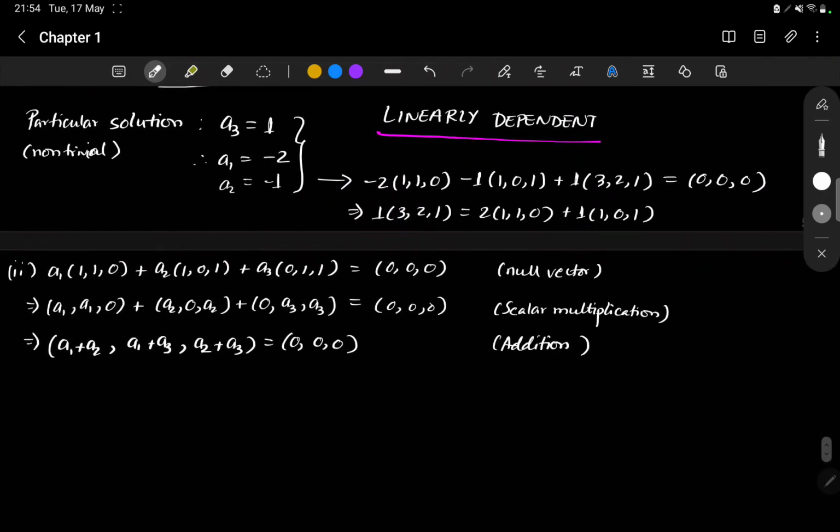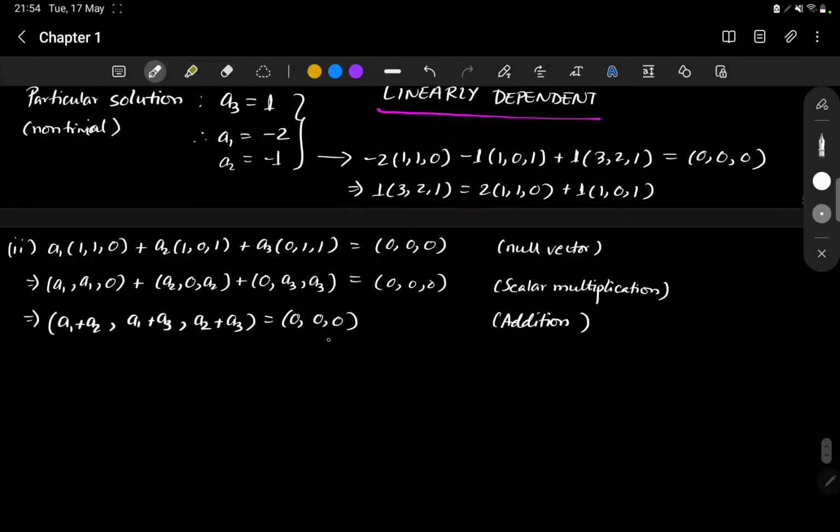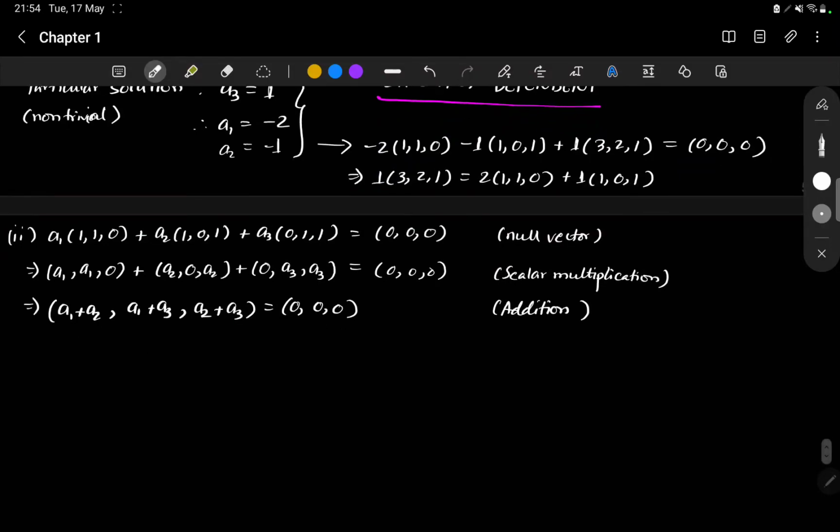Again, we will write this equation in the matrix format. So in the matrix form, the coefficient matrix would be 1 1 0, 1 0 1 and 0 1 1. Variable column is again a1 a2 a3.